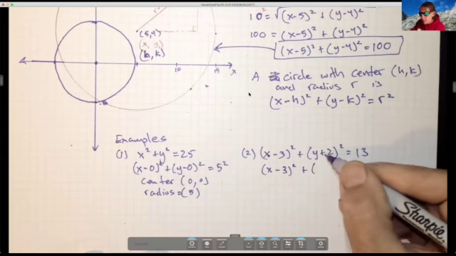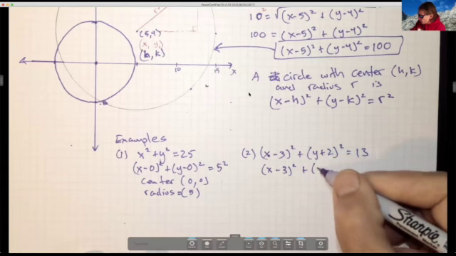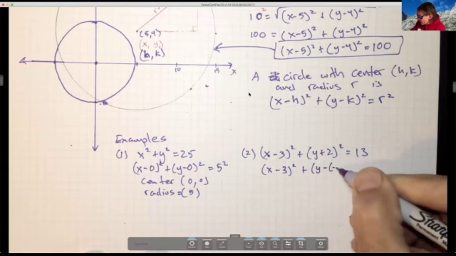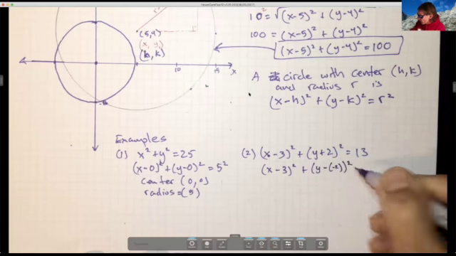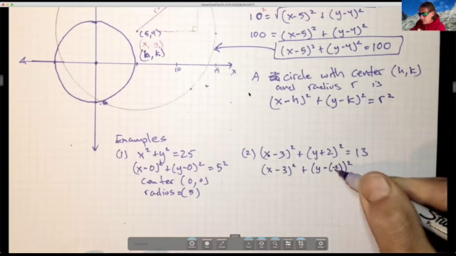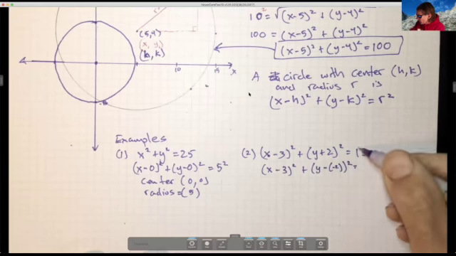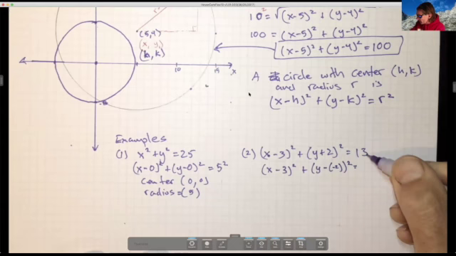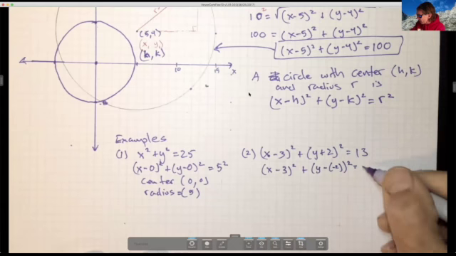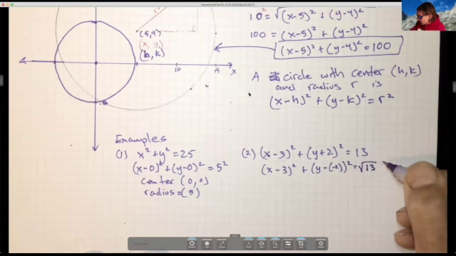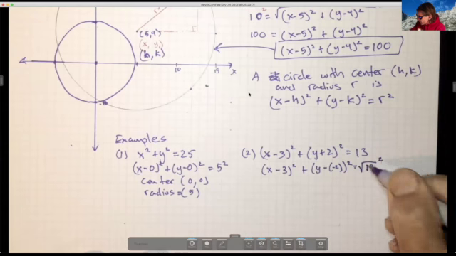But we're going to separate that plus into 2 negatives. So it would be y minus negative 2 squared. That would make a plus. Equals 13. Well, I have to take the square root of that, and it doesn't come in evenly. So I'm going to say that's the square root of 13 squared.